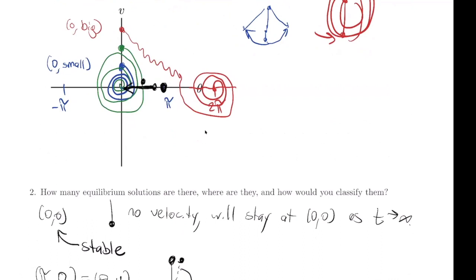Okay, any questions so far? Just trying to get an intuitive picture of the dynamics of the pendulum that we're working with. So there are stable equilibrium, there are unstable equilibrium, lots of equilibrium. So the idea here is when we were working with linear systems, we only have one equilibrium, which is at the origin.